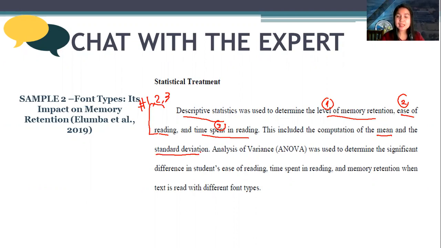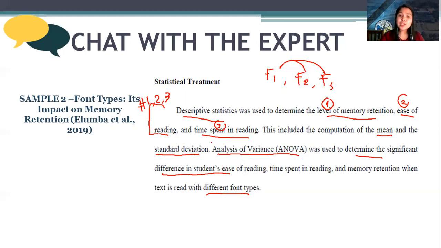Next, since they will compare font 1, font 2, and font 3, then there are 3 groups. They will use analysis of variance to determine the significant difference in students' ease of reading, time spent reading, and memory retention with different font types.